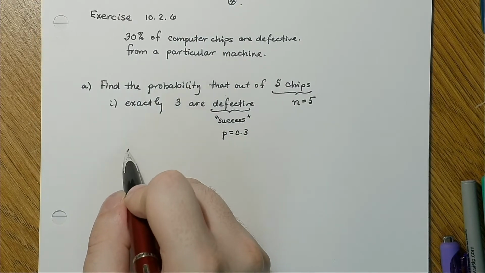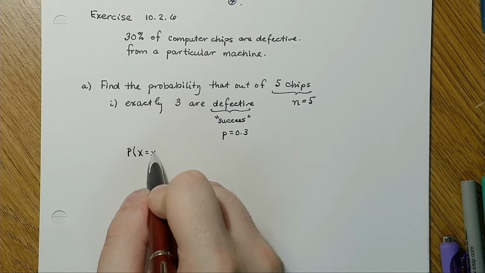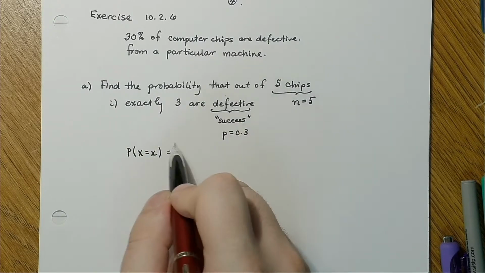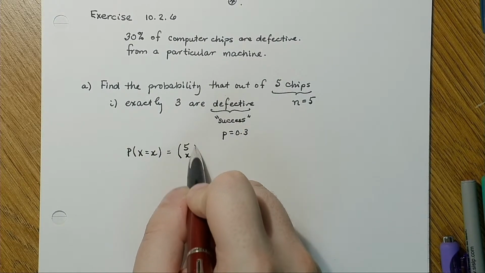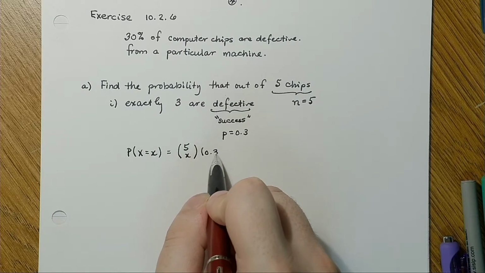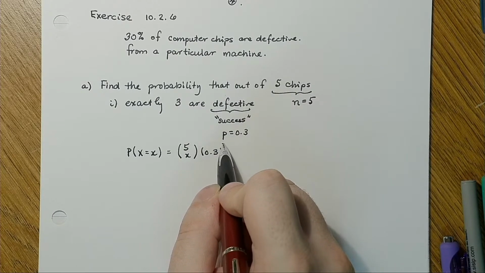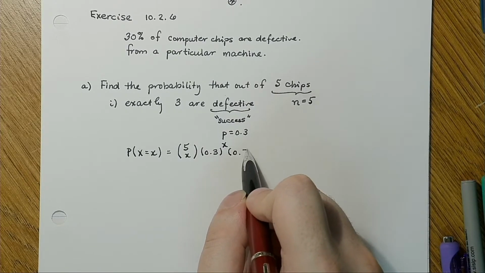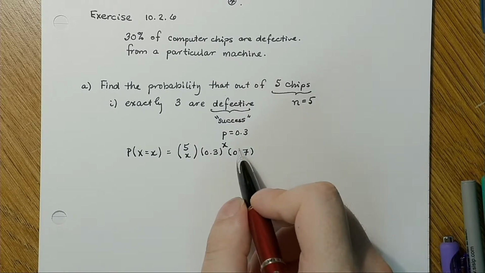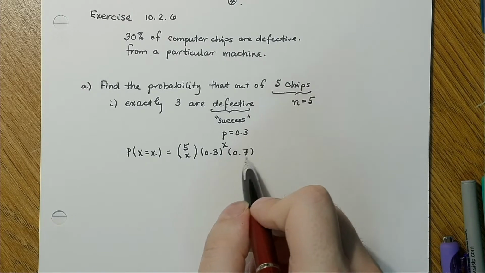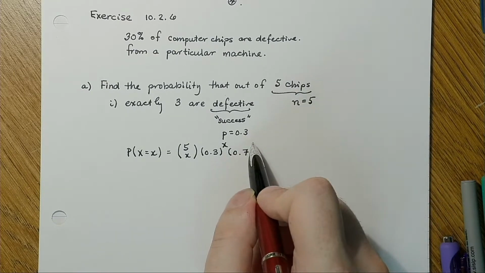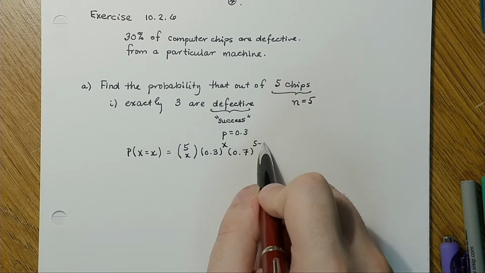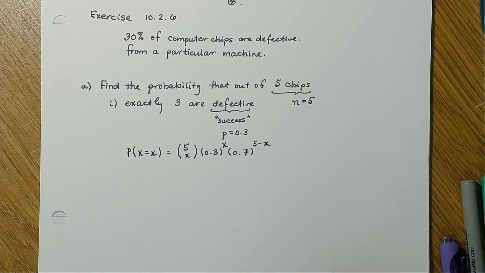So we know that the formula for this should have the form 5 choose x times the probability of success to the x, times the probability of failure, which in this case is that the chip actually works, to the 5 minus x.